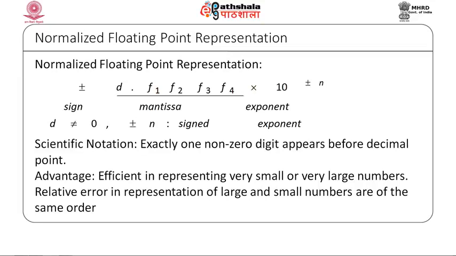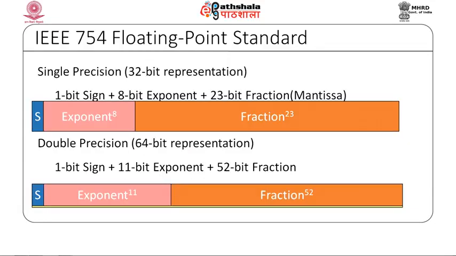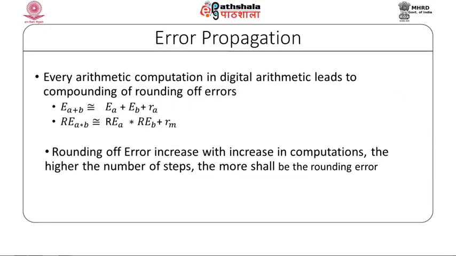So the number will be represented as D.F1F2F3F4 and the exponent E. For the IEEE 754 floating point standard, for 32 bits you have 1 bit for sign, 8 bits for exponent, and 23 bits for the fraction. And for 64 bit representation, you have 1 bit for sign, 11 bits for exponent and 52 bits for fraction.